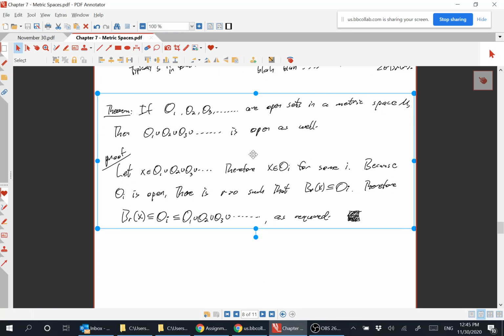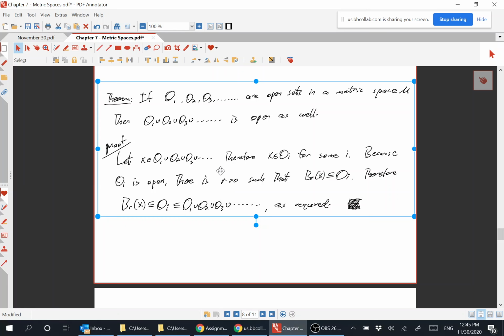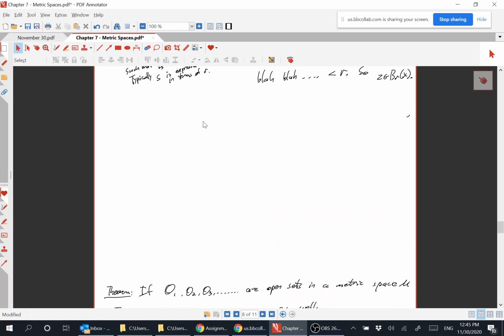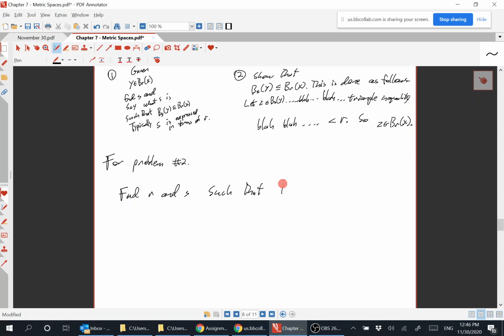For number 2, find R and S such that B_R(X) intersect B_S(Y) is empty.